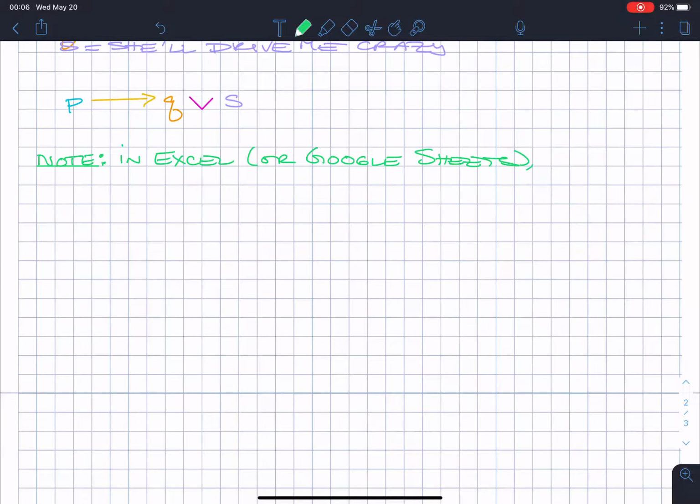The coding for if P, then Q, otherwise S is given by a capital IF, then a parentheses P, comma Q, comma S.